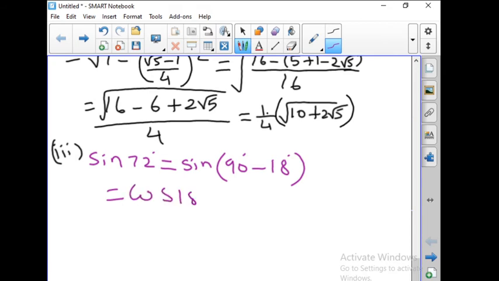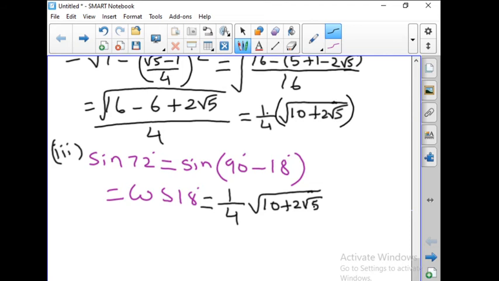Therefore it is cos 18. So cos 18, what is the value? Just now we have found. So it is equal to 1 by 4 into root of 10 plus 2 root 5. So this is the answer for the third subdivision.